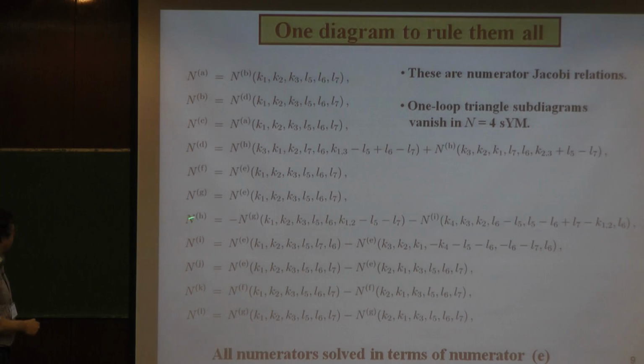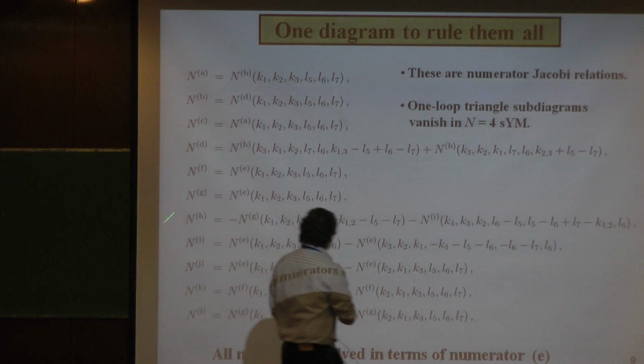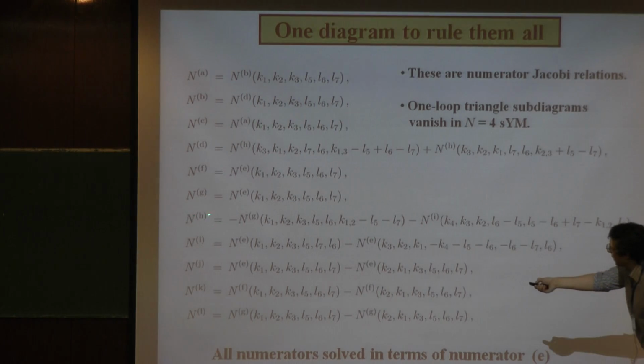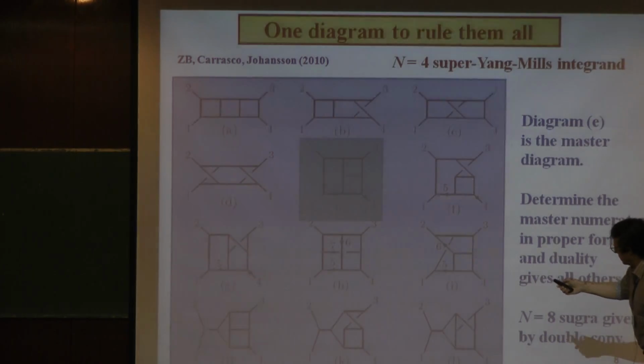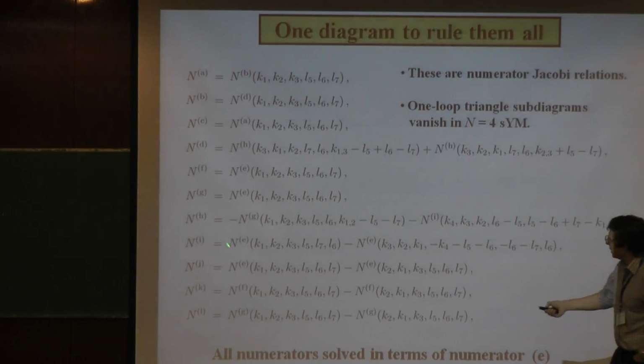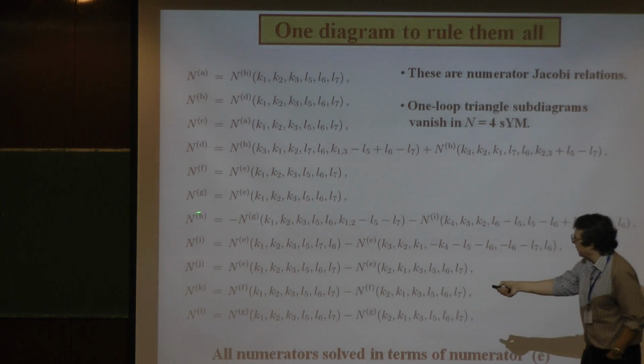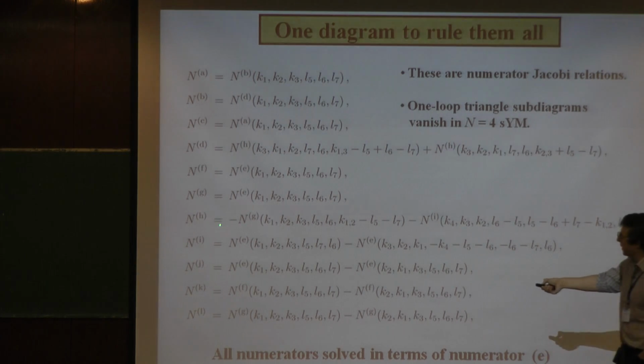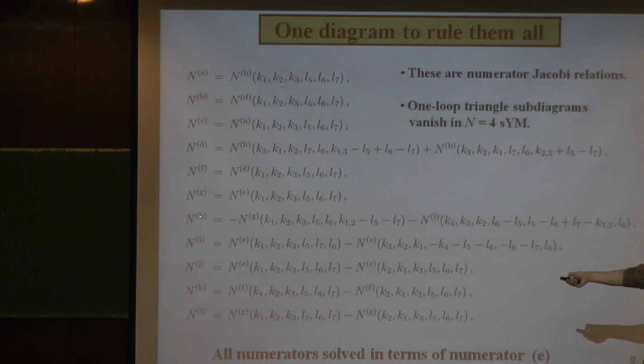Here I have some canonical labels. Let's say there's diagram H. This is the Jacobi relation. It has a certain ordering of legs, with a canonical labeling that I'll explain a little bit later.